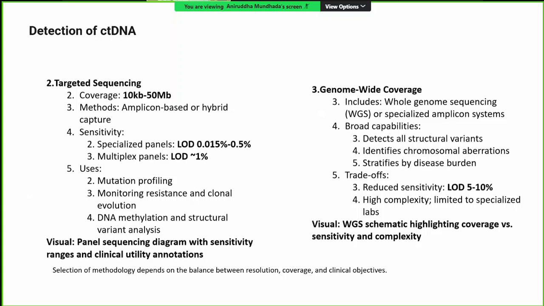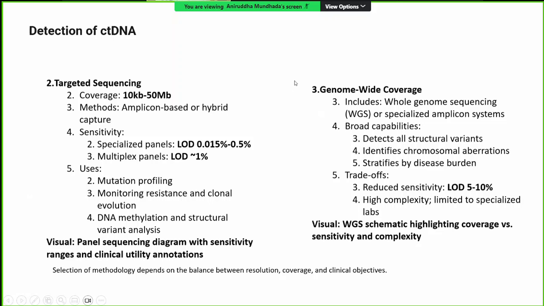Second is targeted sequencing, which is multi-loci sequencing using amplicon or hybrid capture based. And this can be used for multi-mutation profiling or monitoring the resistance or treatment response in such patients.